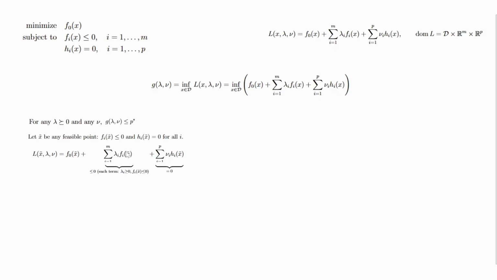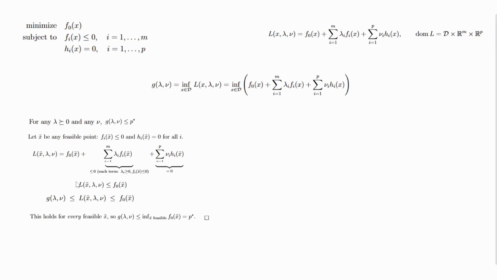Why is it negative? Because we know that it's feasible, so this inequality must hold. And so this whole thing must be less than or equal to 0. Likewise, a similar argument says this term is equal to 0. So this means that the L function evaluated at x tilde is less than or equal to f_0(x tilde), because this is less than or equal to 0.